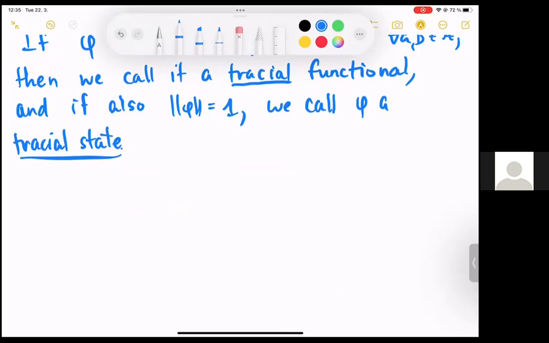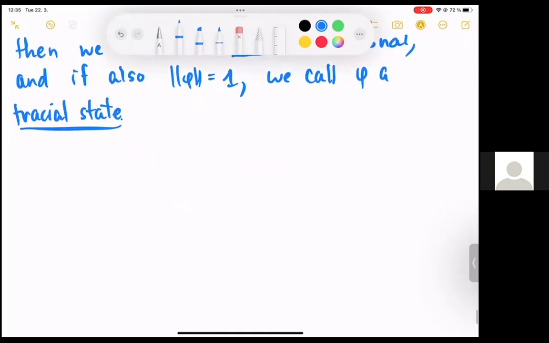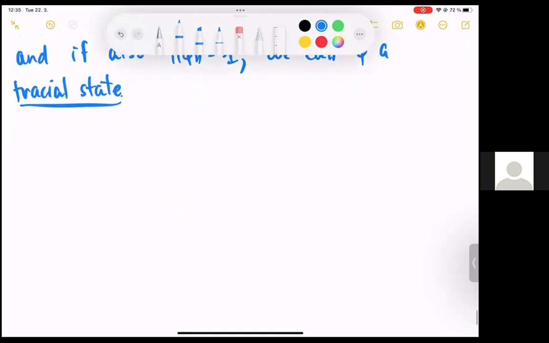So understanding the state space and the tracial state space of a given C star algebra is usually an important thing to do. We will denote S(A) to be the state space.